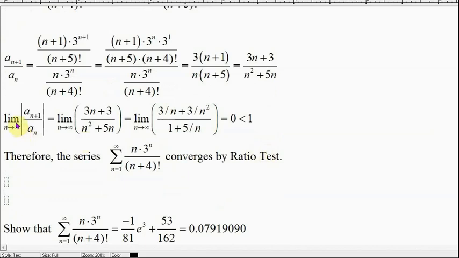So the limit of a sub n plus 1 over a sub n as n approaches infinity would be the limit of (3n plus 3) over (n squared plus 5n).